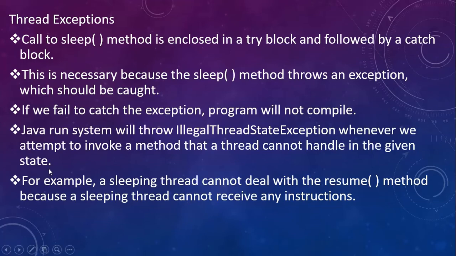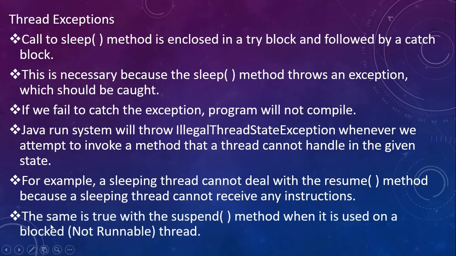Another example: a sleeping thread cannot deal with the resume method because a sleeping thread cannot receive any instructions. The same is true with the suspend method when it is used on a thread that is not runnable. Whatever I said for the sleep method is also true for suspend. If a thread is already in a non-runnable or blocked state and you try to call the suspend method, it might give you a problem.